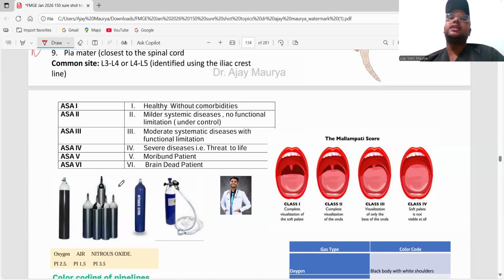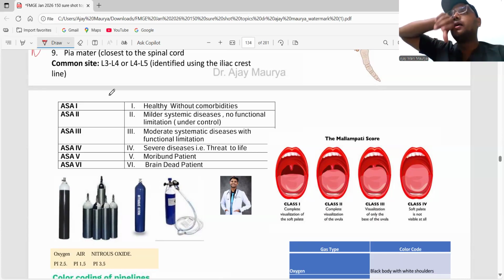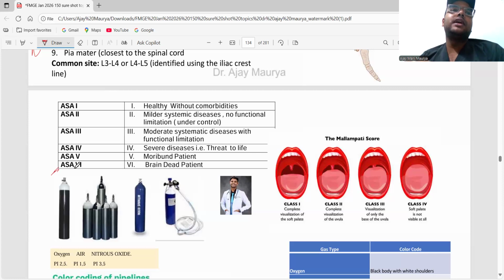If the patient doesn't have any comorbidities, the patient will come under healthy, ASA 1. It means the patient has no comorbidities like BP, sugar, nothing. And remember, ASA 6 means the patient is brain dead.